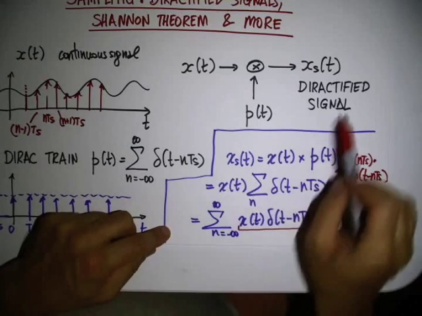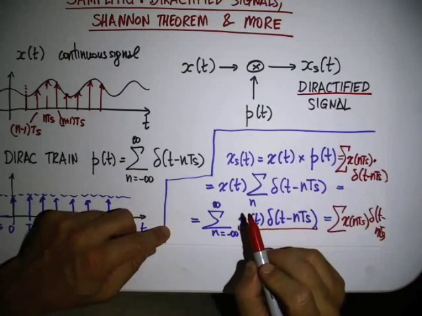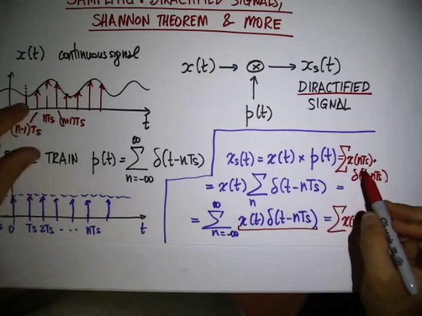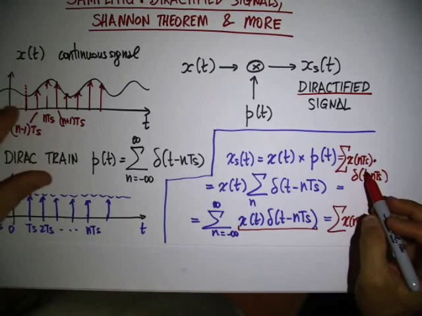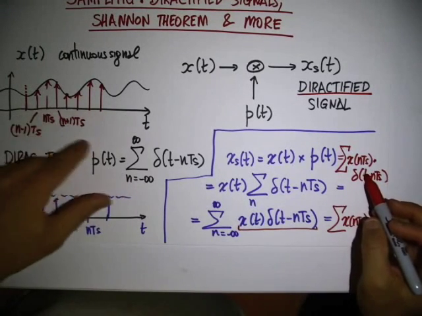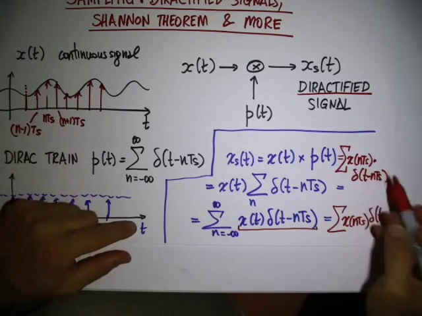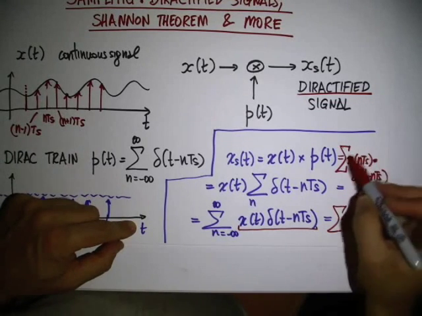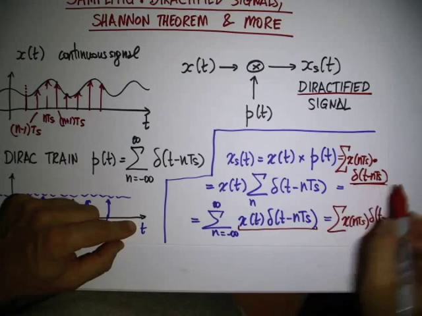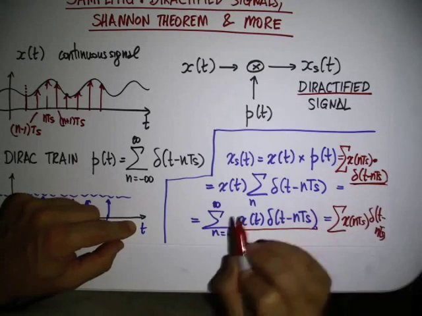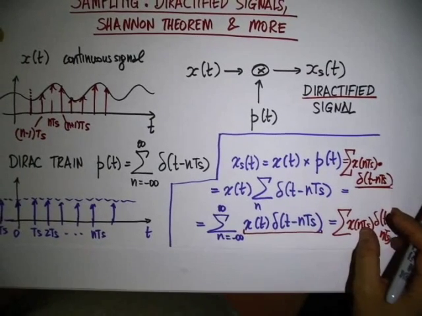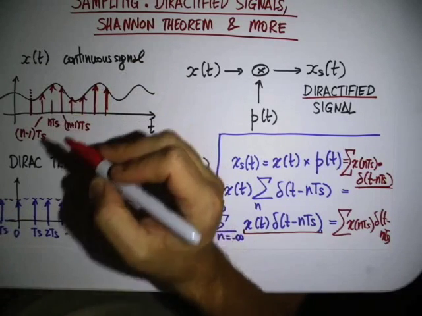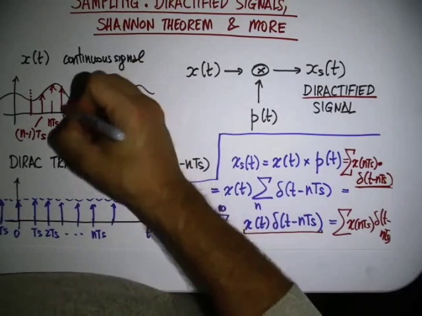What's going to happen is that this signal is a Diractified signal because it contains the discrete values of the continuous function at each time nTs, basically stored as the strength of a Dirac delta, and that's how the signal looks.